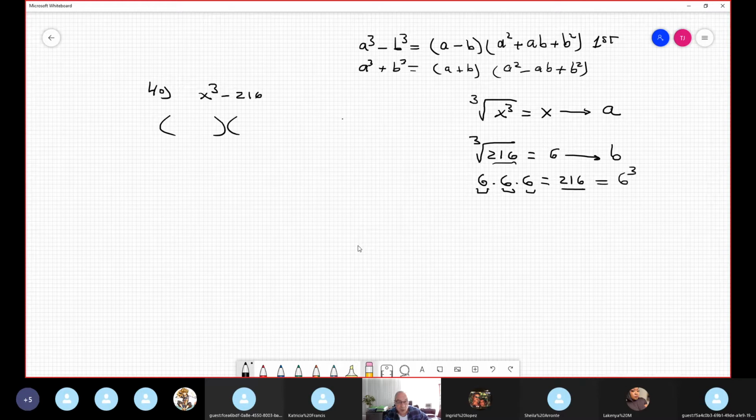You open two parentheses, one short parenthesis for the binomial part. A minus b is x minus 6 in our specific example. And the second is a square, pero a es x, entonces x square, plus multiplication of both a and b together is 6x, plus square of b, which is 6, and 6 square is 36.